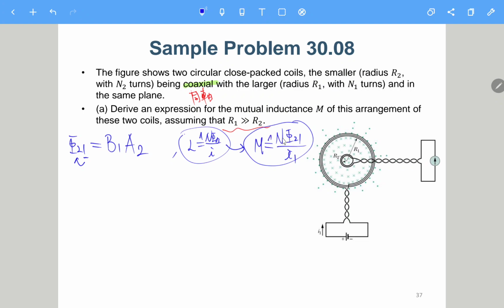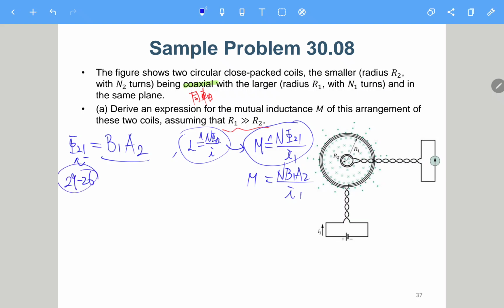So it should be N phi 21. The source is coil 1, generating for coil 2, so this is the source I1. Then we can just plug in the value: M equals N, and then B1 A2 over I1.